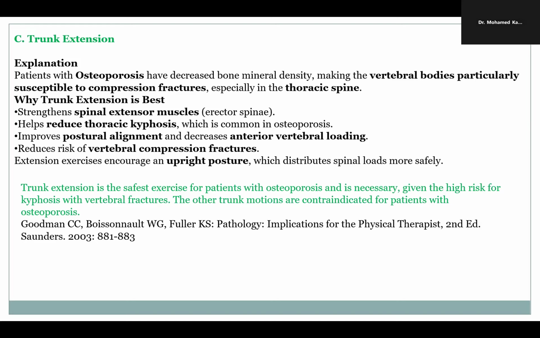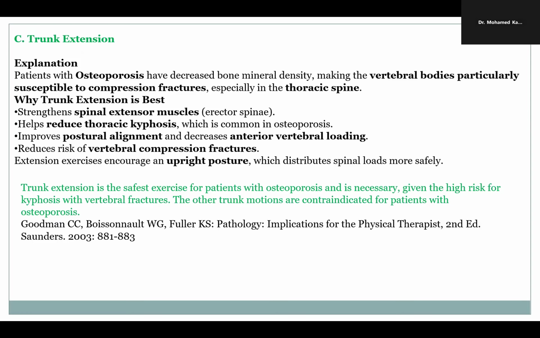Extension exercise will encourage an upright posture, and this will lead to distribution of spinal loads more safely, and then maybe reducing the risk of vertebral compression fracture.